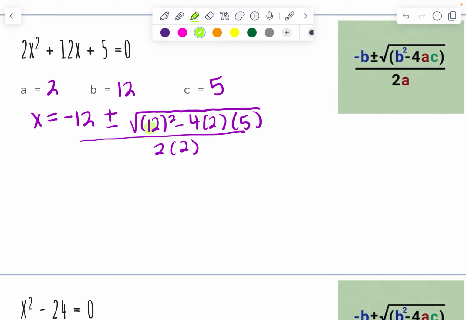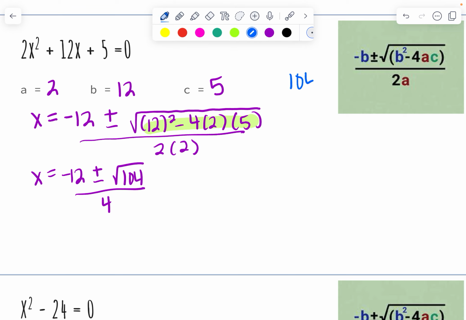Putting the discriminant in my calculator, I would get 104. So x equals negative 12 plus or minus the square root of 104. And then 2 times 2 is 4, so all divided by 4.